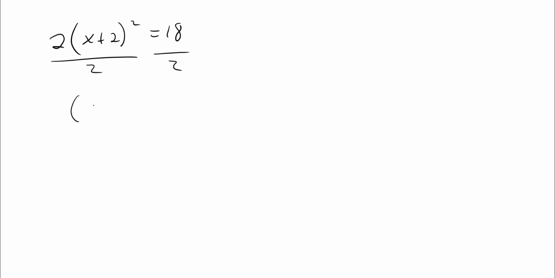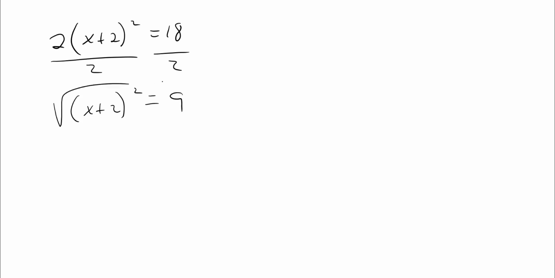So let's do another one here. 2 parentheses x plus 2 squared equals 18. Okay, so the first thing I'm going to do is solve for that x plus 2 quantity squared. So I'm going to divide both sides by 2. So I get x plus 2 squared equals 9.